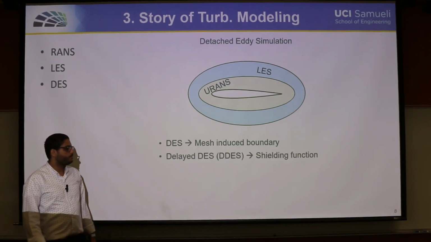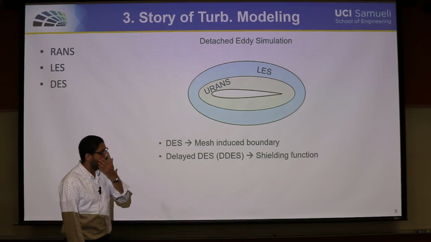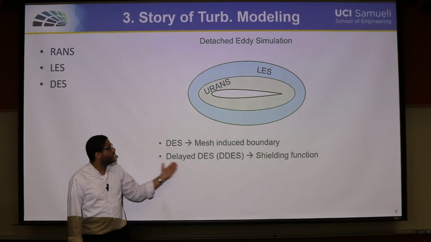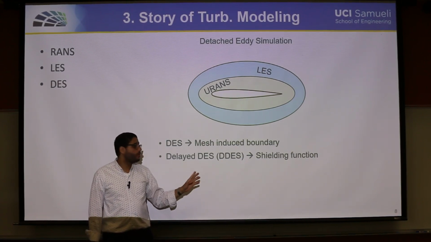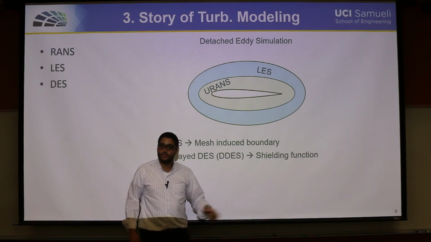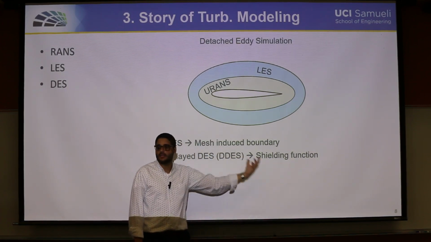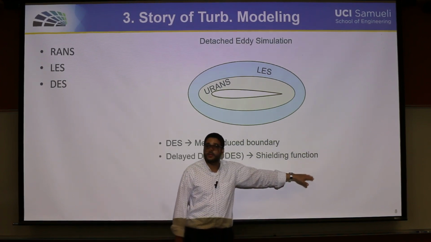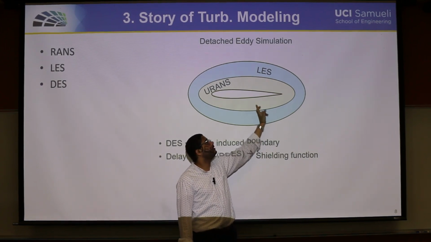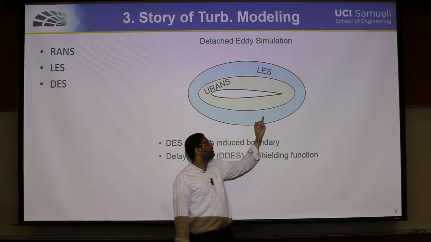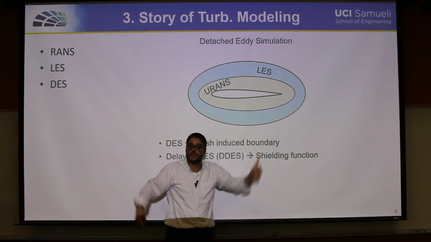So they came up with another version of the DES simulation called delayed detached eddy simulation. I don't know why the name delayed, but the delayed detached eddy simulation is not more than a shielding function. What the DDES does is that it has a shielding function that prevents LES from penetrating inside the unsteady RANS solution, and the unsteady RANS solution from extrapolating in the LES solution.